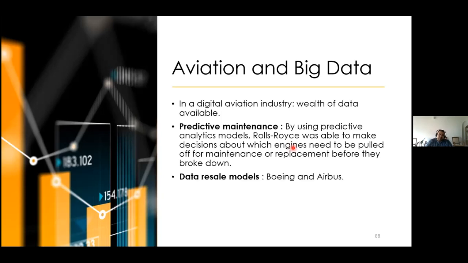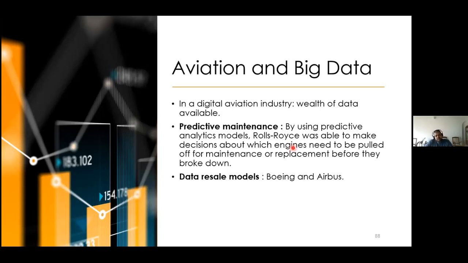Then Airbus and Boeing have come up with a nice model where they do a lot of data resale, right? Because of the nature of the data that they have, and how big it is, through data modeling they have realized there is certain specific information that is needed for manufacturers, distributors, marketeers, people who would be interested in certain areas, using the data that is available to them.